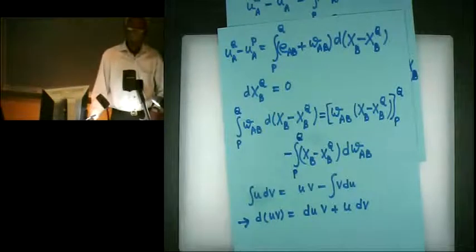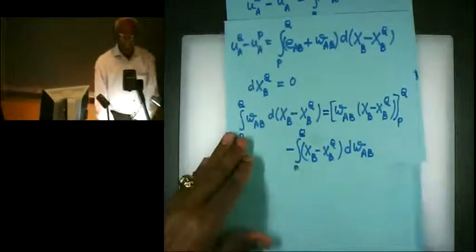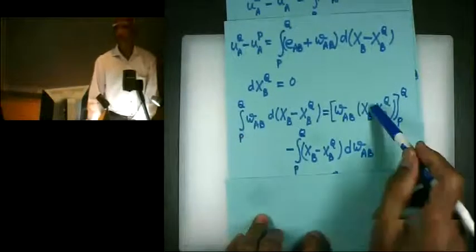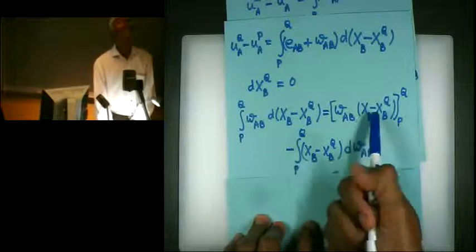So at the upper limit, so what is this equal to? At the upper limit, this is 0 because we will have xbq minus xbq.